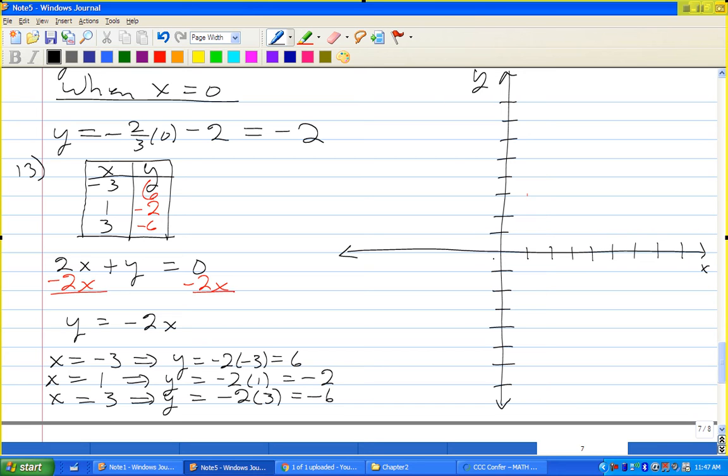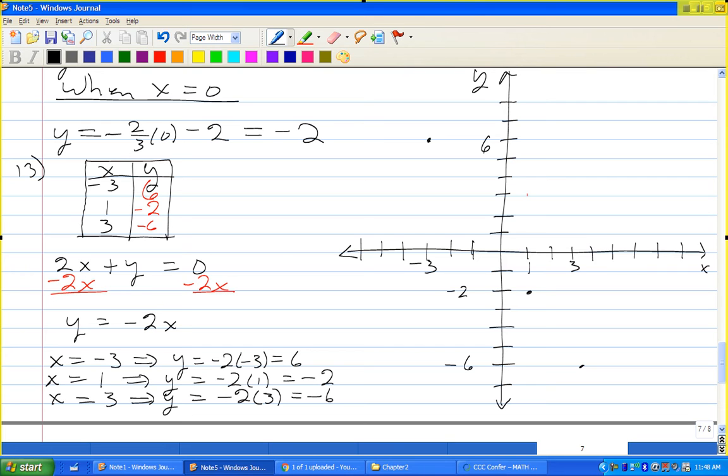Good. So when x is negative 3, y is equal to positive 6. When x is 1, y is negative 2. When x is 3, y is negative 6. And so, this is a long way away.